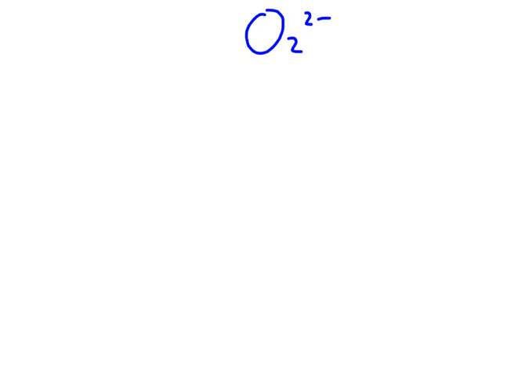Now, let's see how this works when we do something like, say, potassium. Now, let's do lithium. Lithium's an alkali metal, +1. So you have to reverse. Lithium gets the 2.